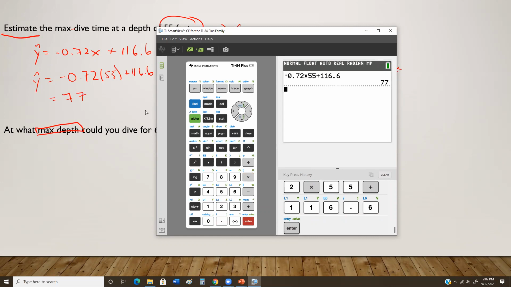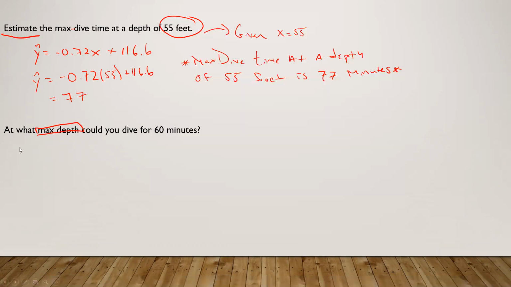At what max depth could you dive for 60 minutes? Hold on here, you have to be careful about this next one. You have to plug in 60 where y is. That's correct. I'm asking for depth here, so I'm asking for x. So I'm asking to solve for x.